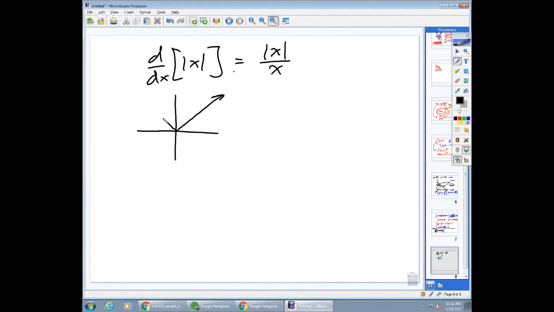Here's the absolute value of x, right? It's that V-shaped curve. It equals y equals x on this side and y equals negative x on that side. What's the slope on the right side? 1, and the slope on the left? -1. And so if you think about it, if you plug in any x value out here like 2, the absolute value of 2 over 2 is 1. But if you plug a number in over here like -2, you get positive 2 over -2, which is -1.